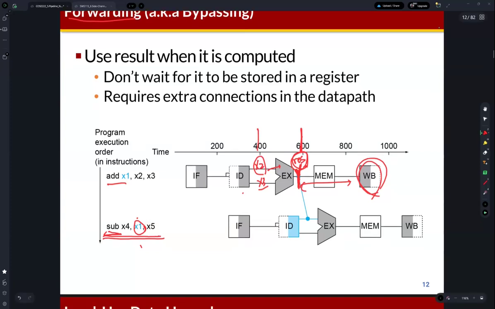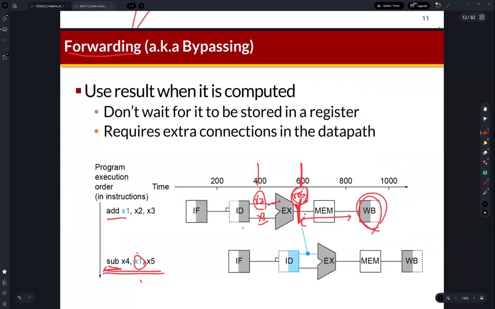If we know this processor has the result already, then this result can be provided to the next instruction. Understand? So this is the data forwarding.